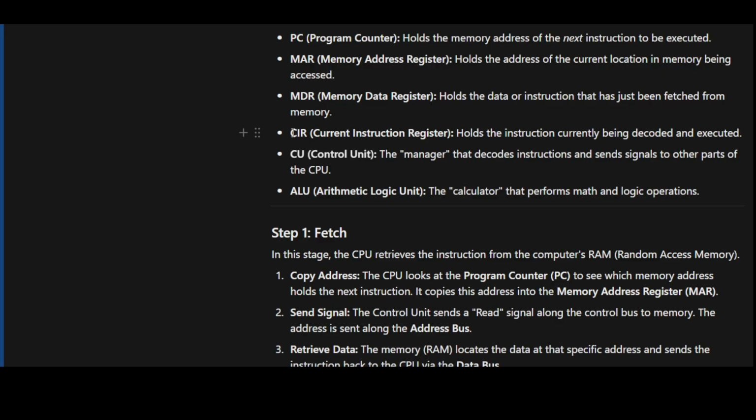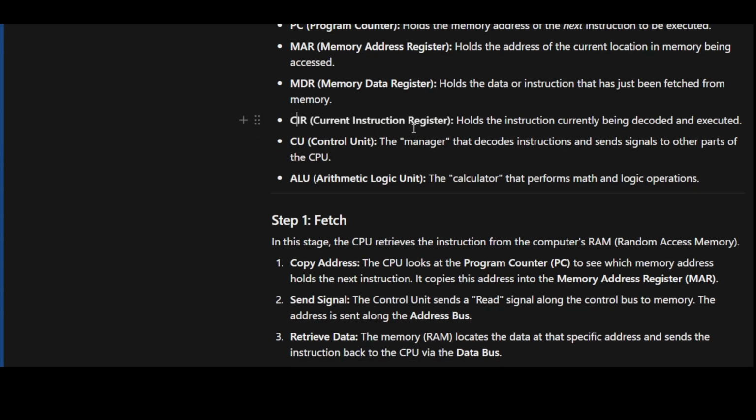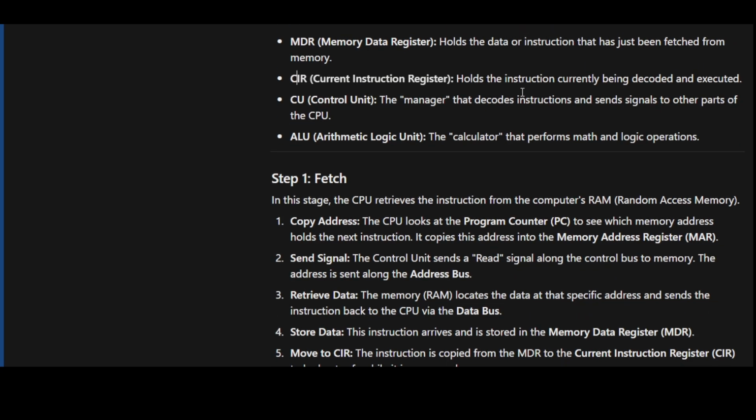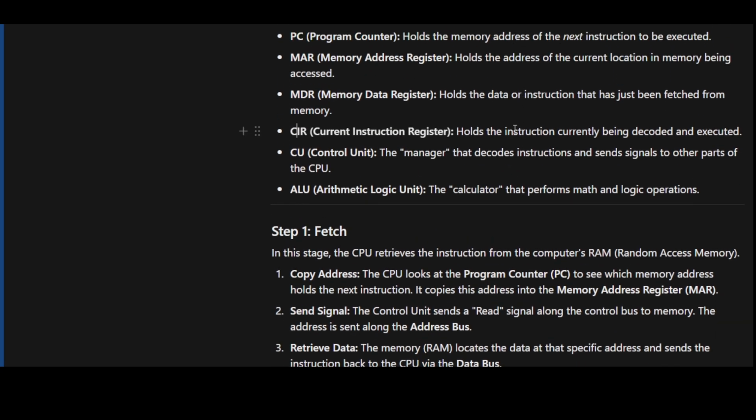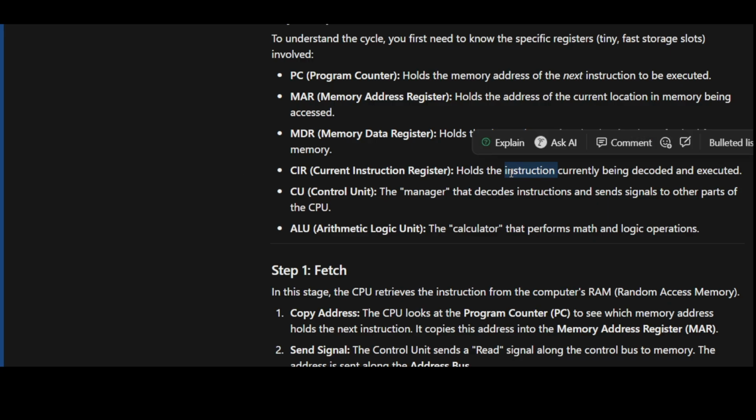And CIR, or as in class you would have read about it, referred to as just IR. So IR just holds the instruction that is currently being decoded and executed. The point to note is that IR contains the instruction but PC contains the memory address. So PC contains the address of the next instruction, and IR contains the instruction itself that is being executed.